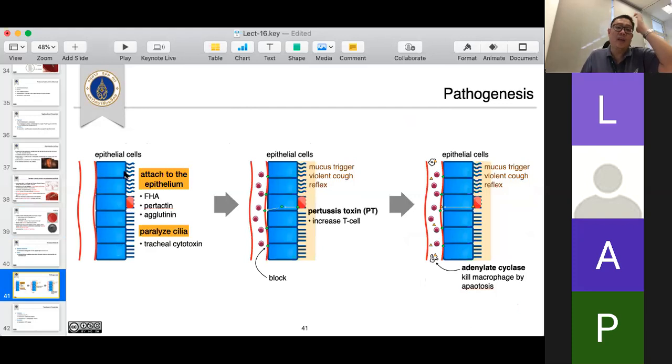Bacteria attach to the epithelium cells. Normally, for everything that attacks the throat, the epithelium will propel and get rid of bacteria, and you cough out, sneeze out, and get the bacteria out of your body. Okay, but these bacteria, the red one, attach to the epithelium. They use FHA.